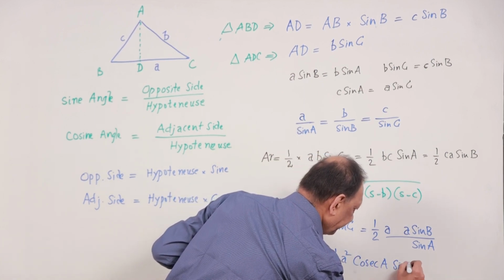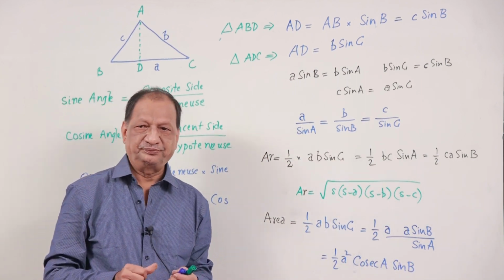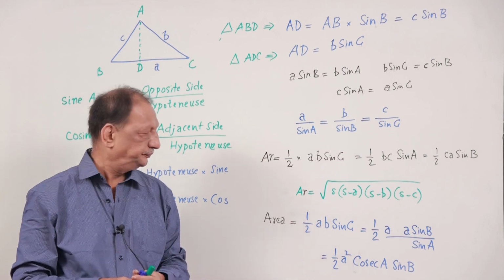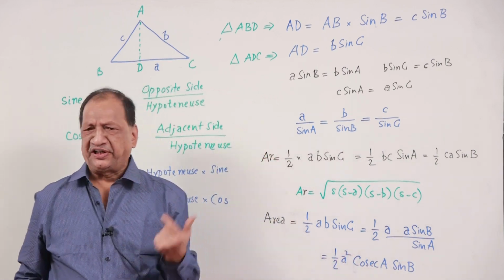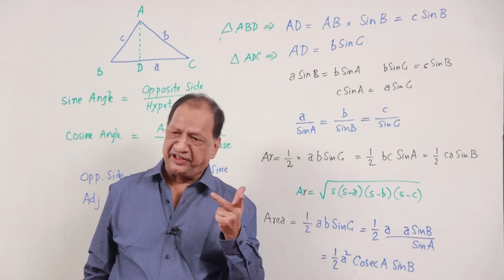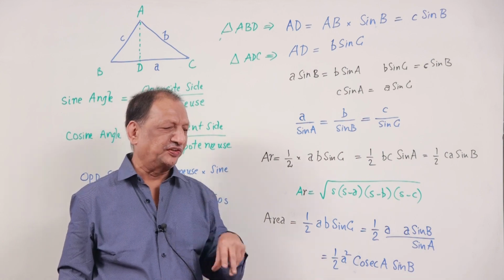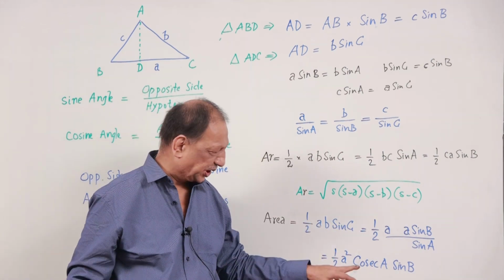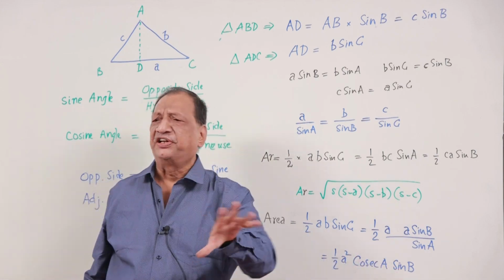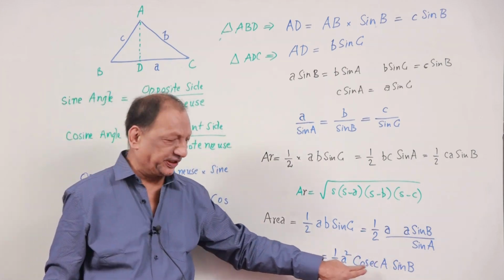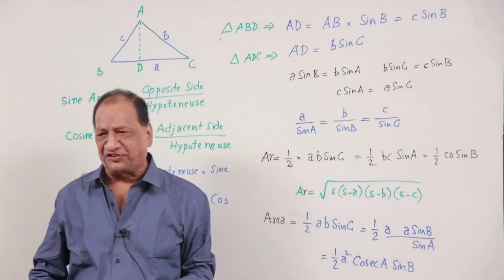Cosecant A sin B. Okay, I have not defined this cosecant. 1 over sin is called cosecant, 1 over cos is called secant, sin over cos is called tangent, 1 over tan, cos over sin, is called cotangent. So there are 6 trigonometric functions, but I want to look at this in a bit more detail, not in this particular format, for which it requires a separate discussion. We will do that shortly. Okay.